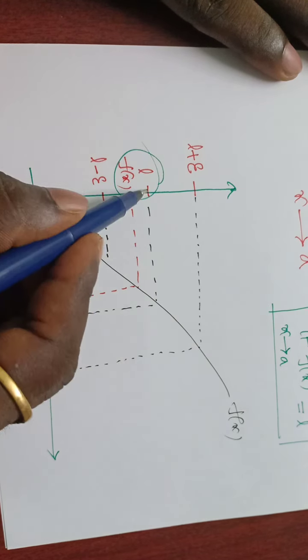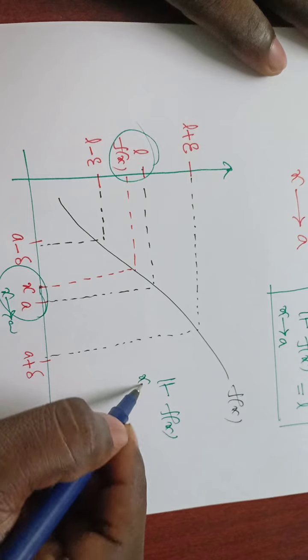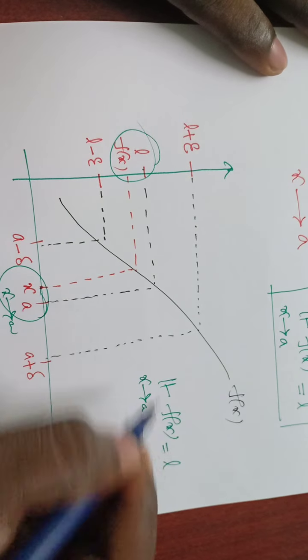It is said to be L. So clearly the limiting position of f of x as x approaches a is equal to L.